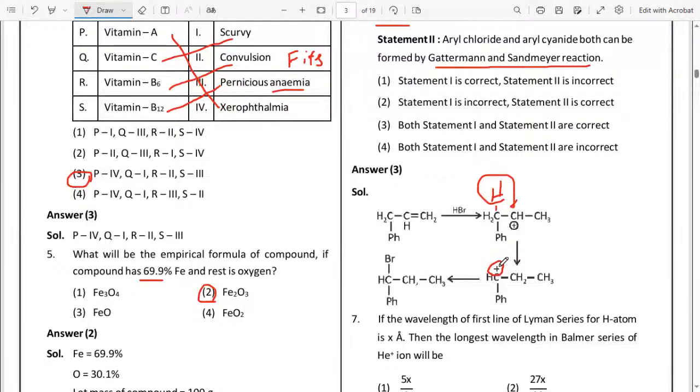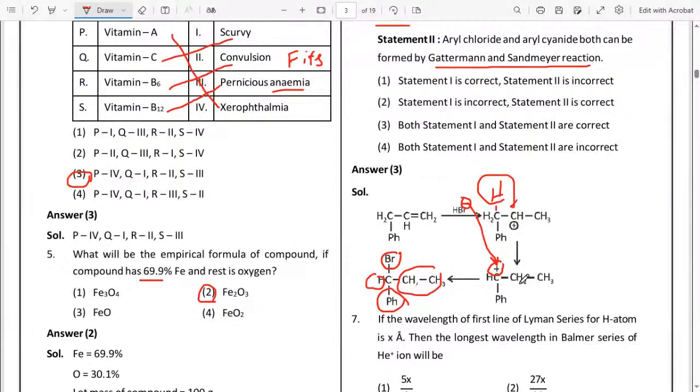So this benzylic carbocation picks up the bromide ion to give this chiral carbon containing compound. Here the only chiral center is possible. This side it is ethyl, this one is bromine, this is phenyl, and this side it is hydrogen, right? So four groups are different, so this carbon is a chiral carbon.